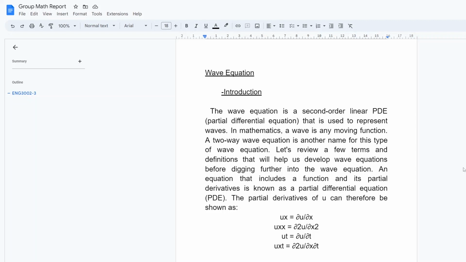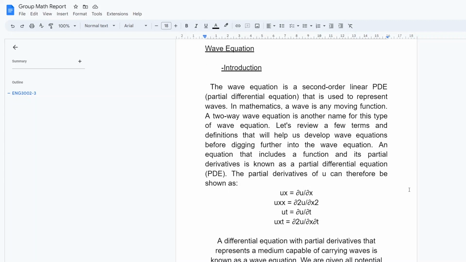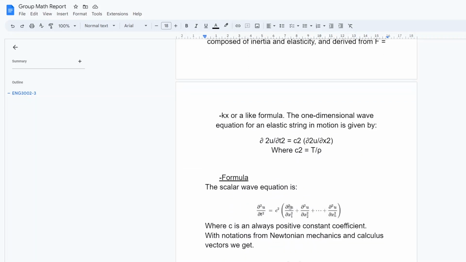Let's review a few terms and definitions that will help us develop the wave equation before digging further into it. So, a partial derivative of u can therefore be shown as here. We can see here, for the formula, we have the double differential with c as a constant.